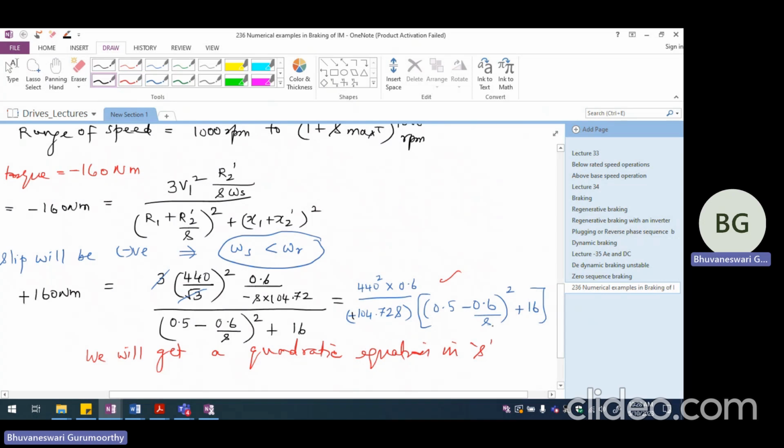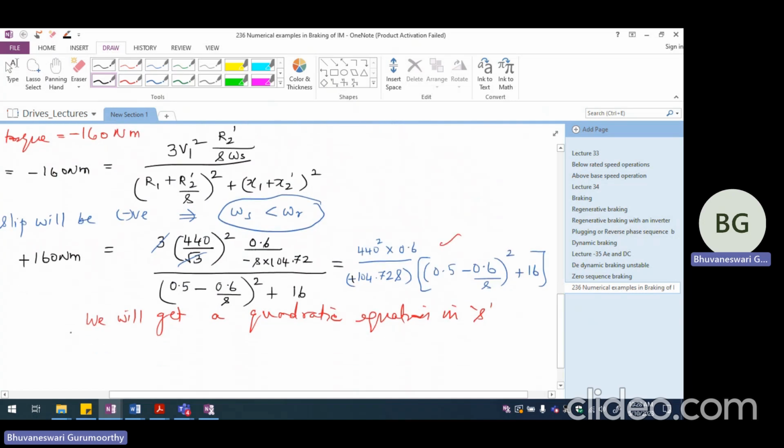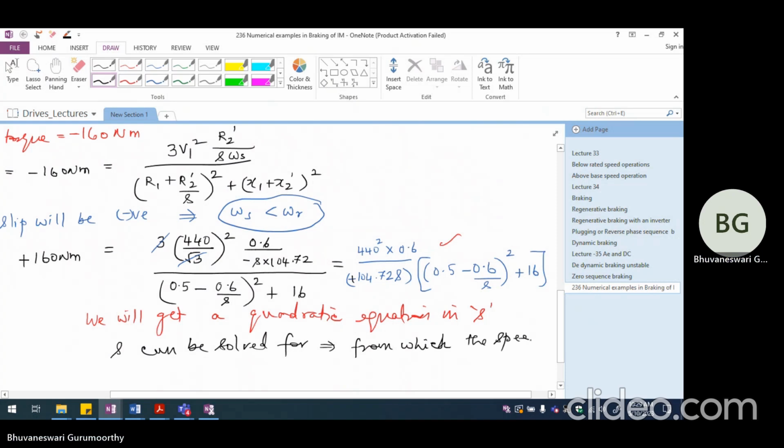So we should be able to definitely get a quadratic equation in S, and S can be solved for, and the negative value has to be taken, from which the speed can be calculated.